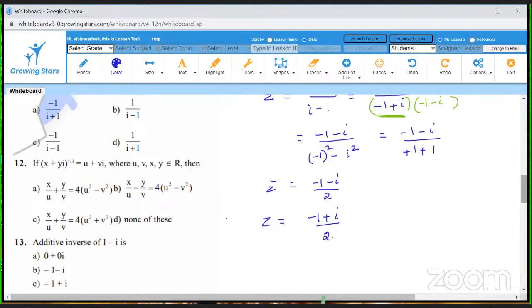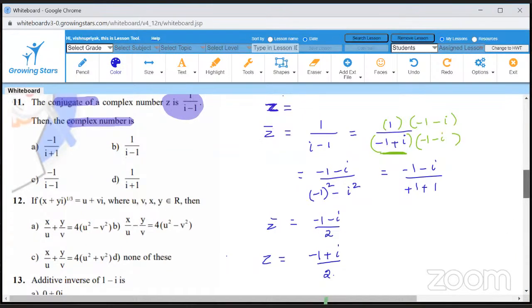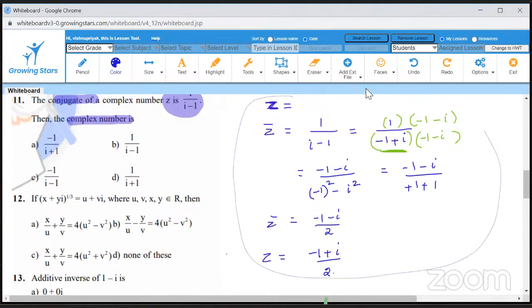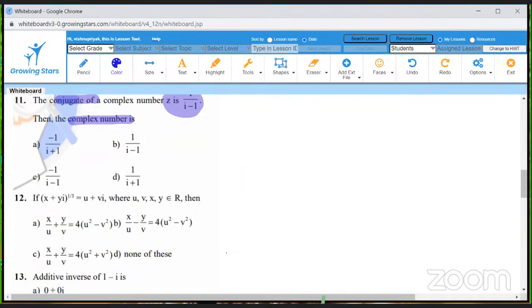Do you remember yesterday's shortcut formulas? Yesterday I gave you one shortcut formula.